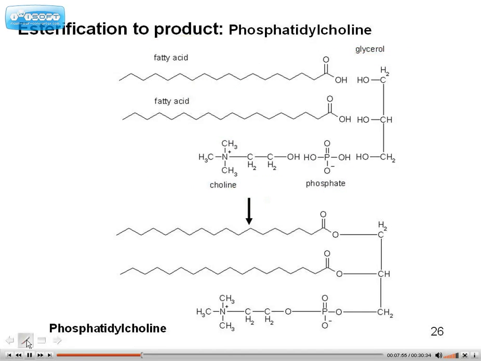Let's go ahead and take a look at the linkages. In this case, the phosphate and the alcohol portion are going to undergo an esterification. Because phosphates have multiple groups that can esterify, notice the other side will also form an esterification. So you have two esterification reactions which are going to occur.